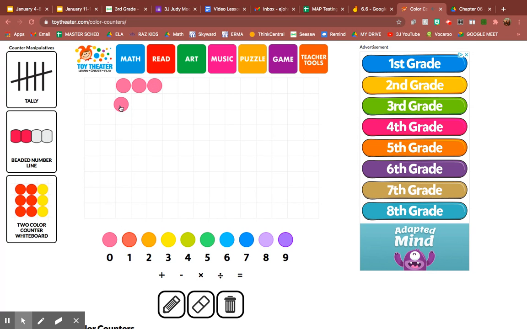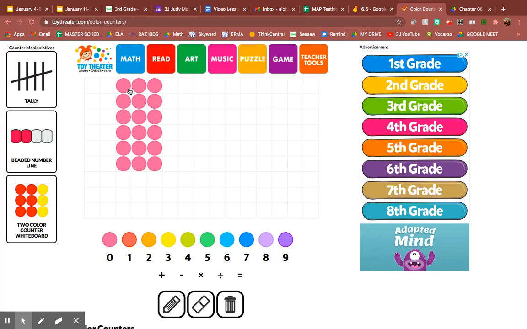So there's 1 row of 3, 2 rows of 3, which equals 6, 3 rows of 3, which equals 9. Remember, I'm going all the way to 18. There's 4 rows of 3, which equals 12. 5 rows of 3, which is 15. There's 6 rows of 3, which equals 18.